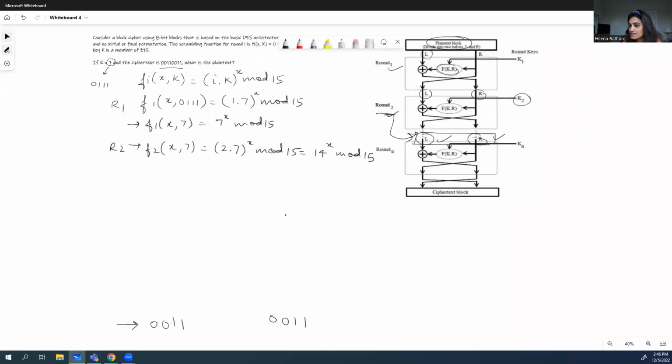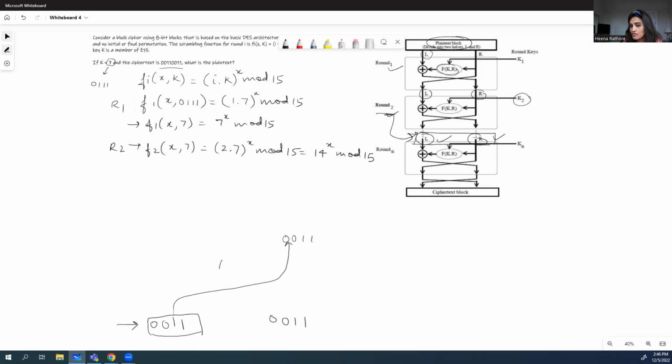So if you look at this right-hand side and this left-hand side, we will follow a similar Feistel structure over here. This is the previous round's right-hand side, which in this case would be 0011.